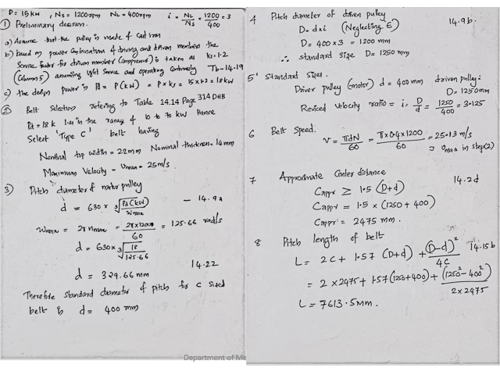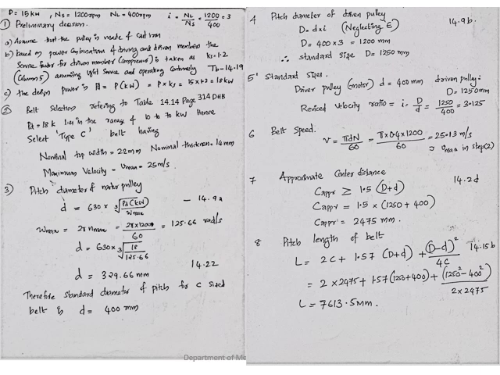Next step, we have to find the pitch diameter of motor pulley, that means the driver, where D is equal to 630 cube root of PD by W max, where W max is equal to 2 pi n by 60.